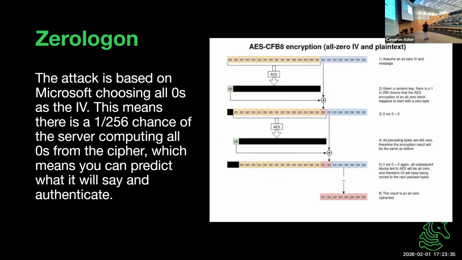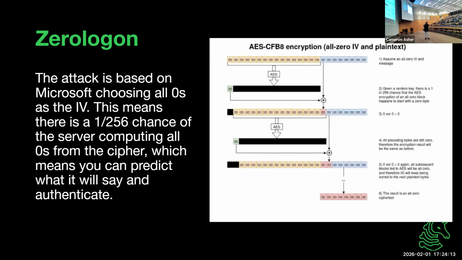What happens is, if the output of the encryption starts with a zero byte, since you don't know the key, we just assume it's a random function.